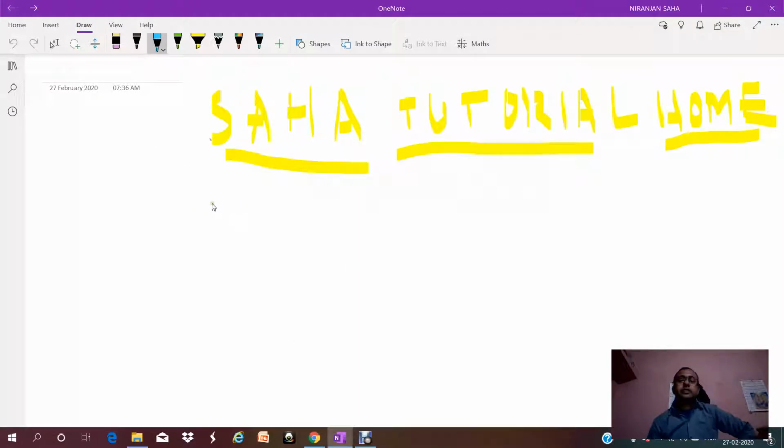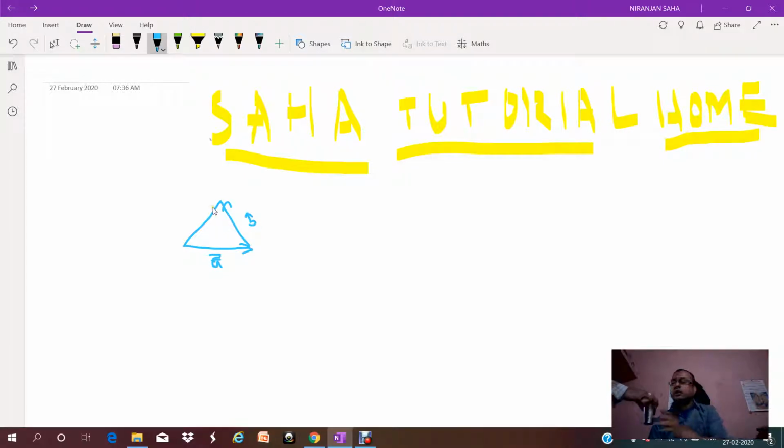First take the triangle law of vectors. If there are three sides of a triangle, this is vector A and this is vector B, both in the same anti-clockwise direction.